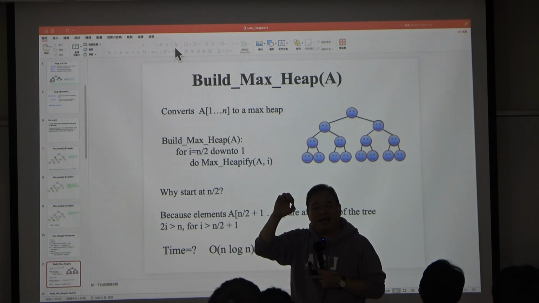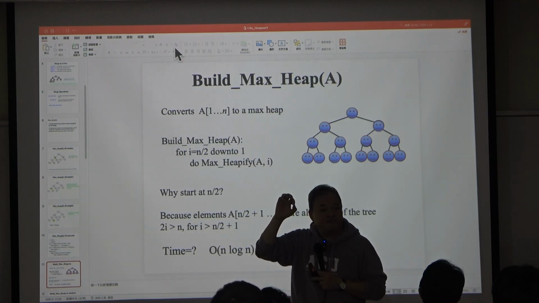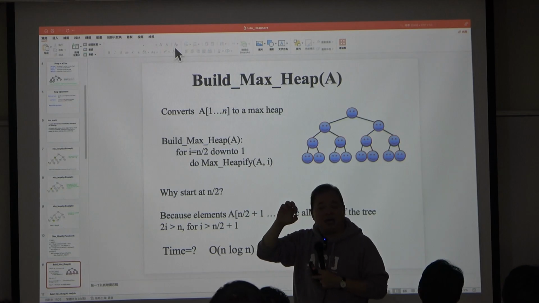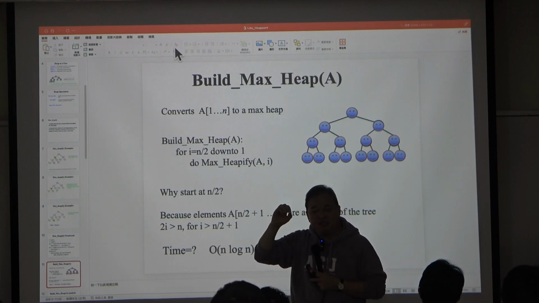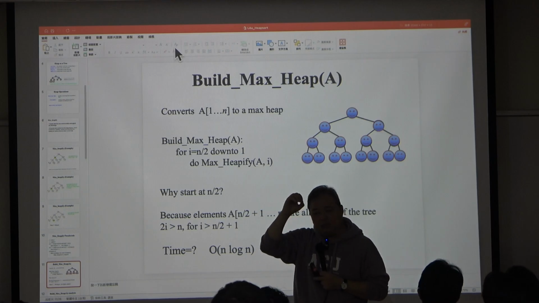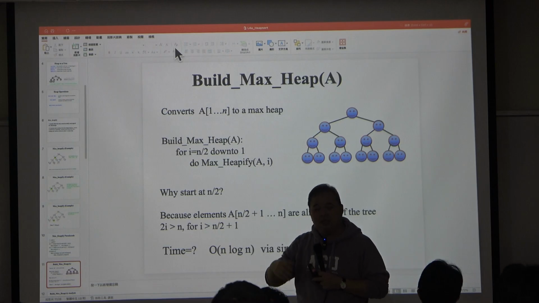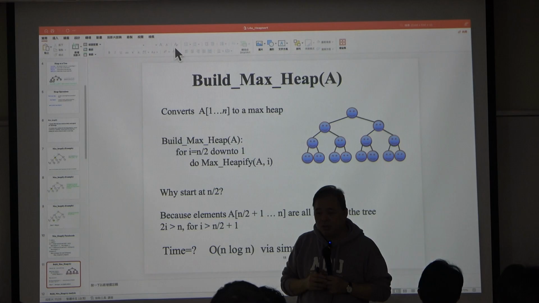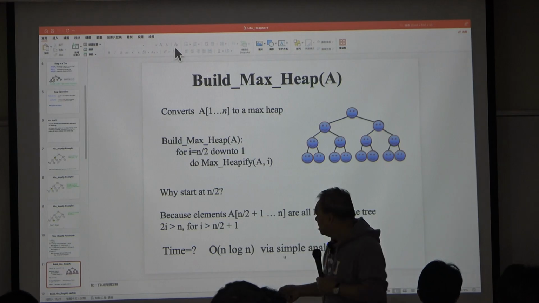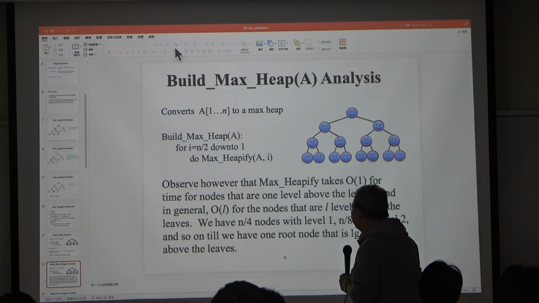It depends on the height of the node, right? The max heapify operation is dependent on the height of your node. If the node is closer to the leaf node, then the number of operations really is not that many.